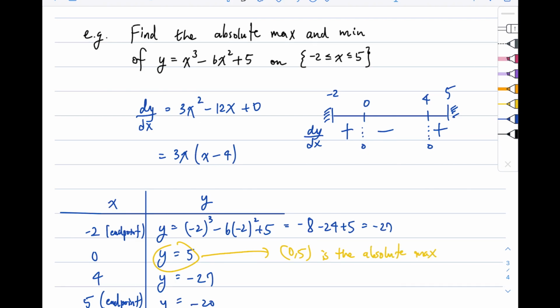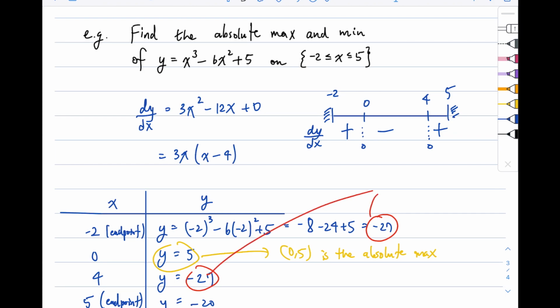Then you'll notice something when we're looking for the absolute min. This -27 and this -27 match up, and they also happen to be the lowest y value, the smallest y value. So something interesting happens here: both -27 values will be absolute minimums.